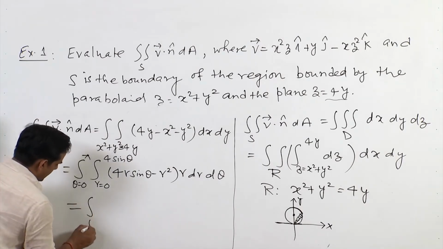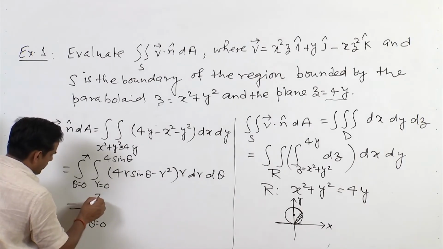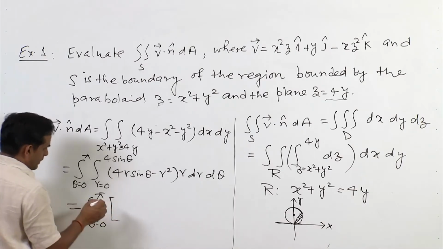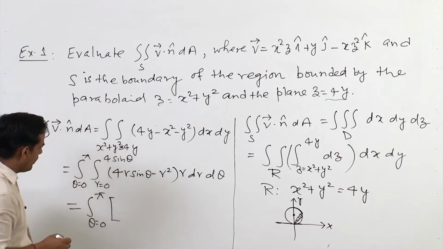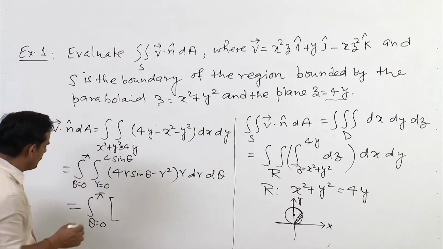This comes out with theta from 0 to pi. So this will become r square, r cube upon 3.